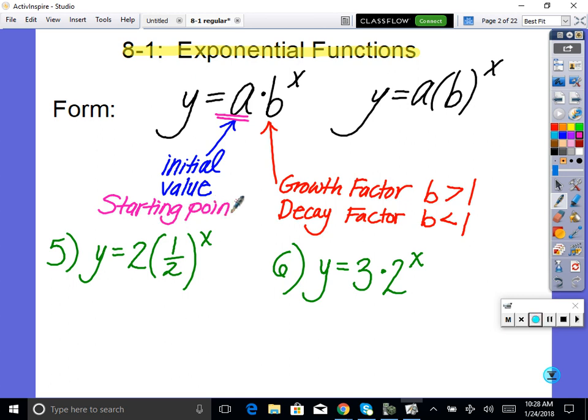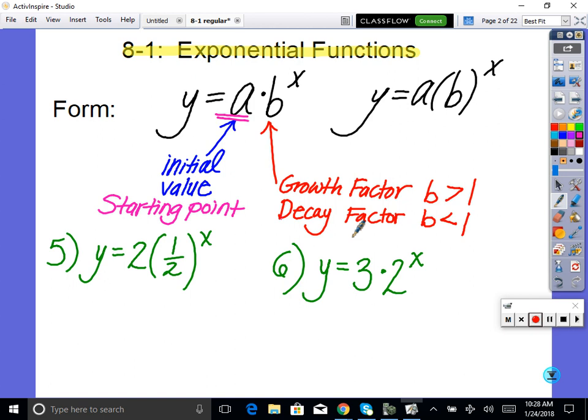That's where we're starting, our initial value, our initial amount. And then we're going to be taking that initial amount and timesing by some growth or decay factor. A factor means multiplication. So it's going to be a growth factor if it's larger than 1, and it's going to be a decay factor if it's less than 1. And I'll explain how this makes total sense in just a second.